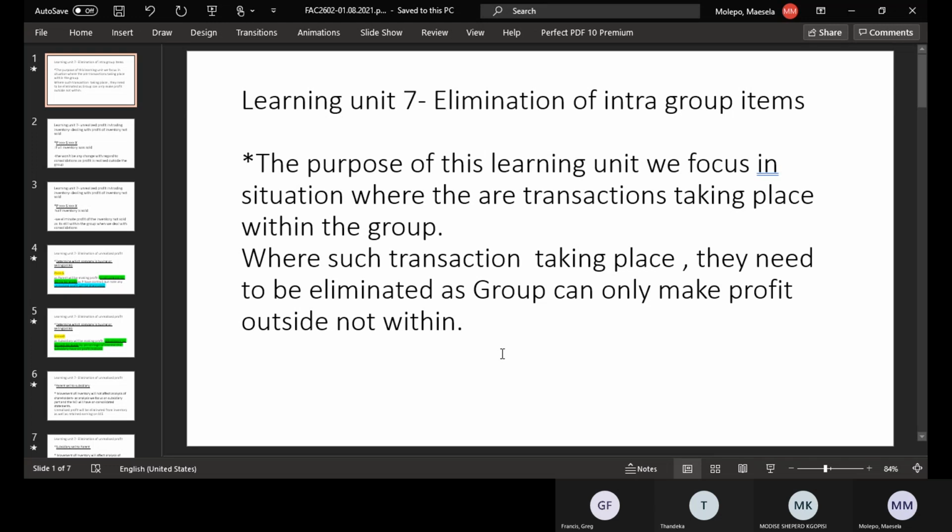From 1,000 plus the 20%, it will be 1.2, and then from 1.2 to move to 1.5. So S Limited will be realizing a profit of 300 on top of that.